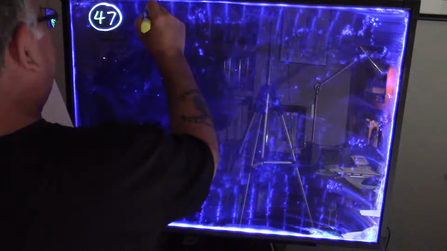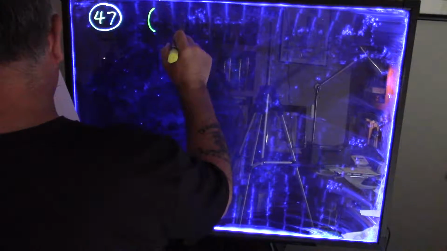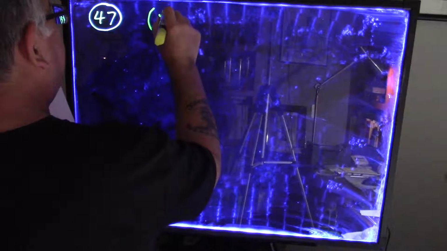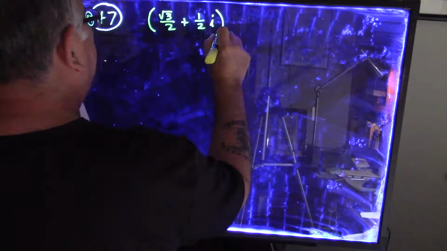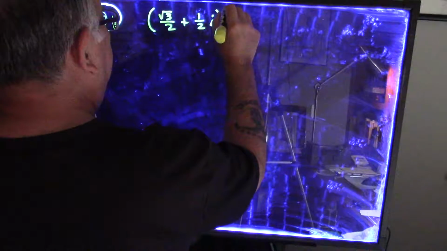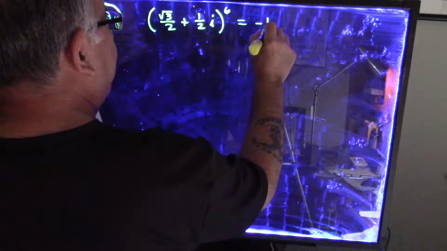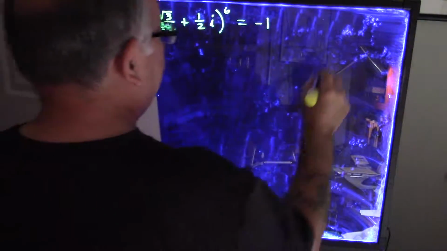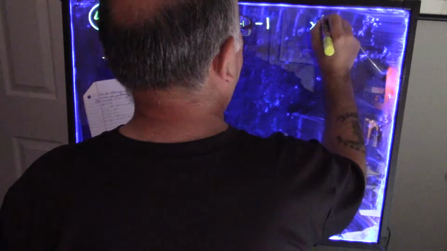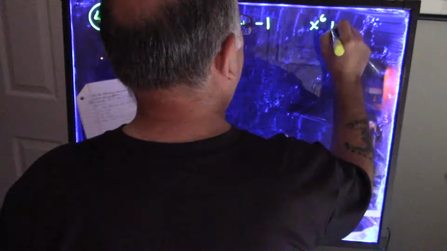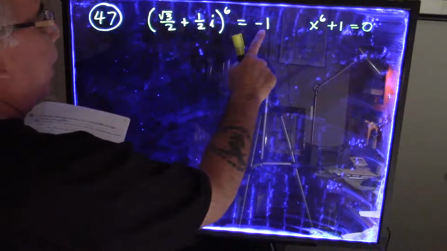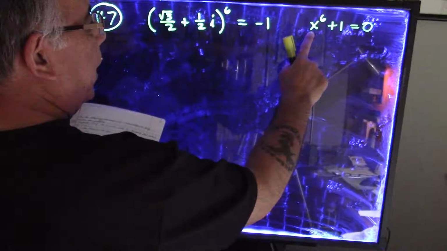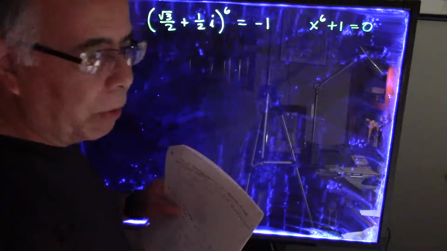If you use a calculator, you can show that (square root of 3 over 2 plus 1/2 i) to the 6th power equals negative 1, and then you've proved that it's a solution of x to the 6th plus 1 equals 0, because when you plug it in here, you get negative 1 plus 1, which happens to equal 0.